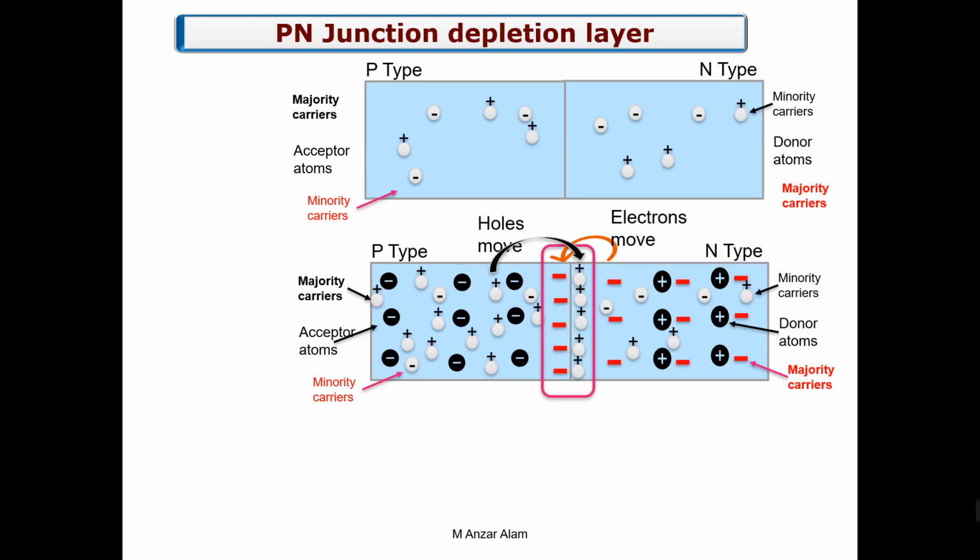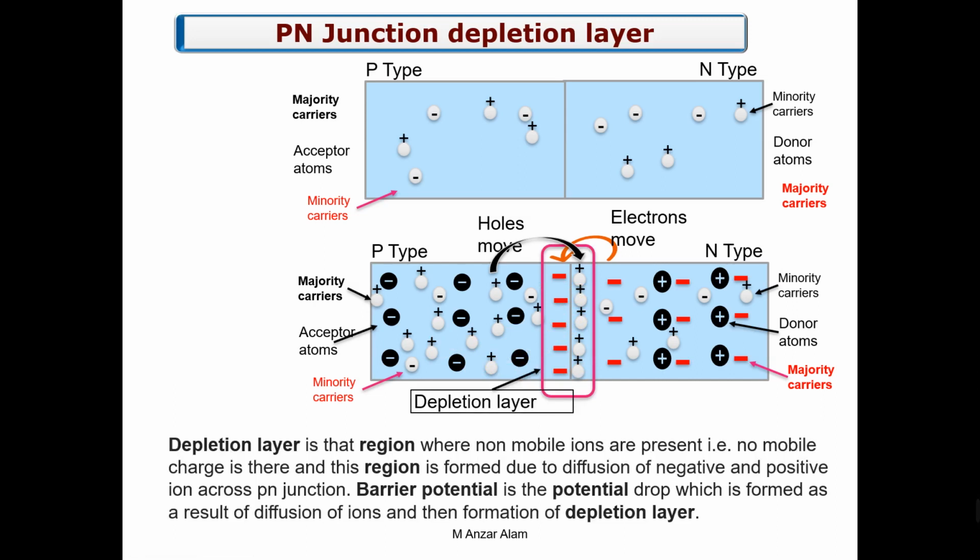So this is the depletion layer, and the depletion layer is that region where non-mobile ions are present, that is, no mobile charge is there, and this region is formed due to diffusion of negative and positive ions across the p-n junction.